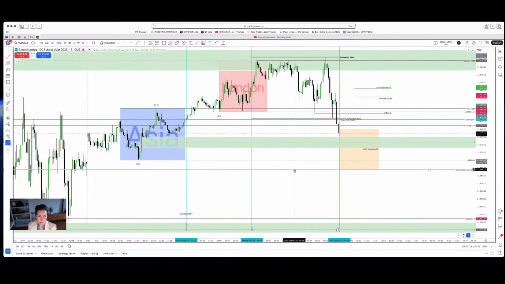Watching price reaction to this 5-minute BISI from Asia. Let's see if it repels from here, if it continues lower.